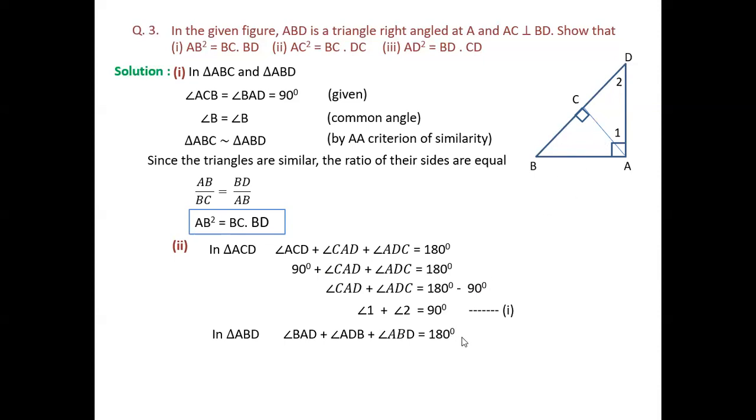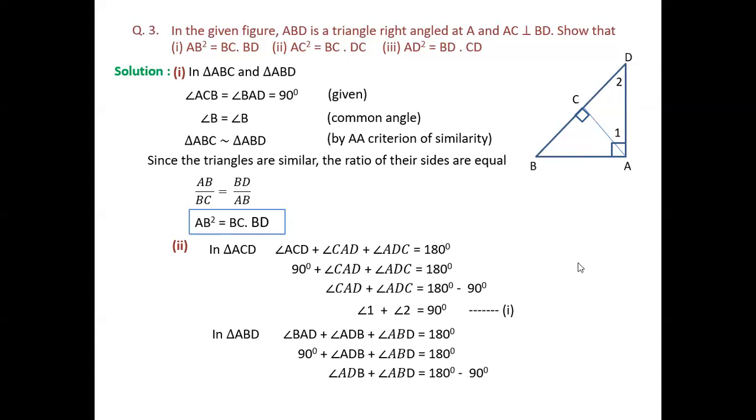Again, the sum of the angles of a triangle is 180. So let us write 90 here because this is 90. Take 90 towards the right. It becomes angle ADB plus angle ABD is equal to 180 minus 90, which is 90.